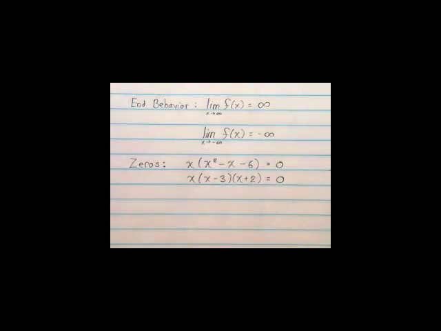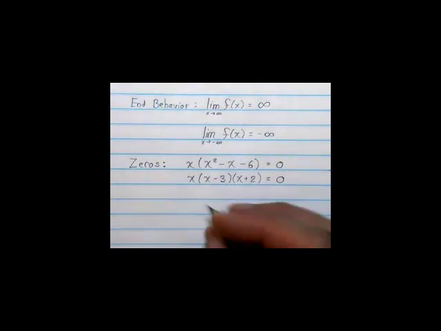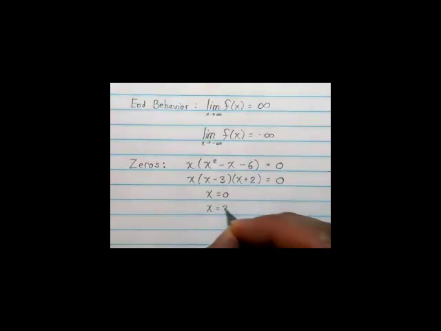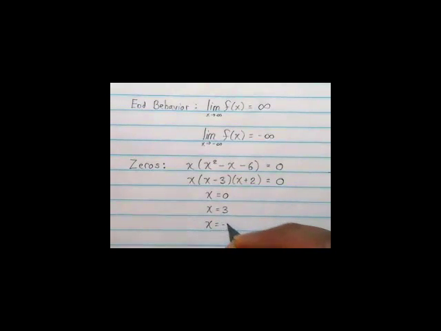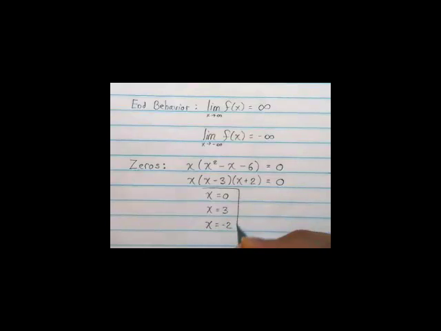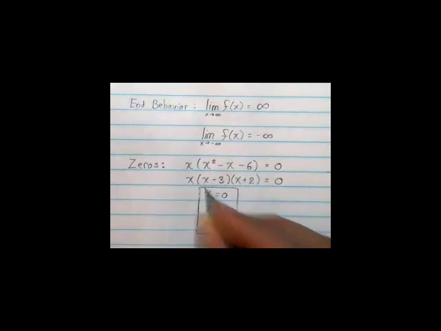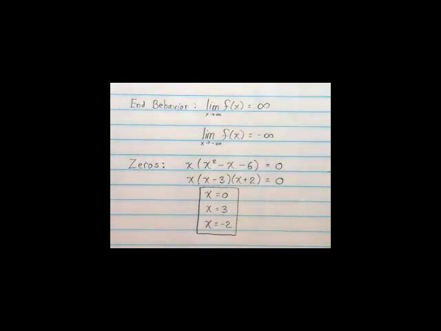So if my 3 factors are x, x minus 3, and x plus 2, what are my 3 zeros then? You got it. X equals 0, x equals 3, x equals -2. So we're actually able to find them.